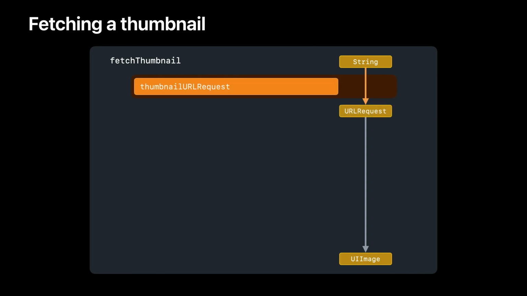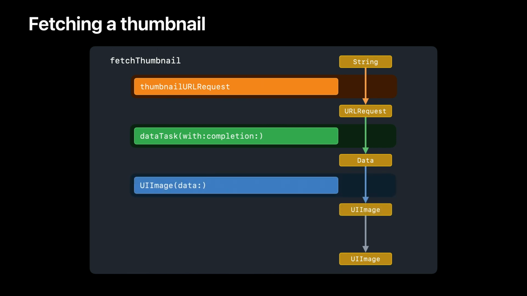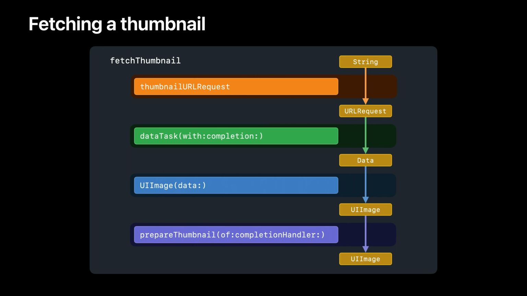First, the view model's thumbnailURLRequest method creates a URL request from the string. Next, URLSession's dataTask method gets the data for that request. Then UIImage initWithData creates an image from that data, and finally, UIImage's prepareThumbnail method renders a thumbnail from the original image. Each of these operations depends on the previous one's result. That means they must be performed in sequence.